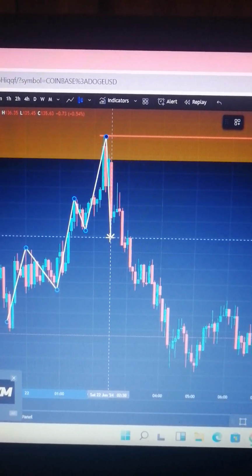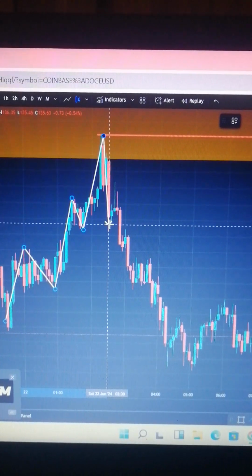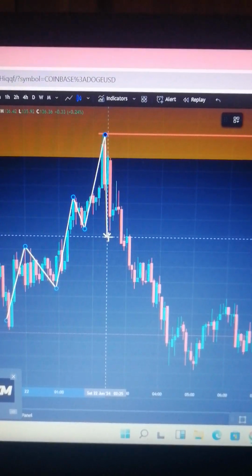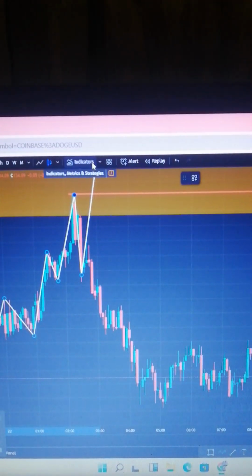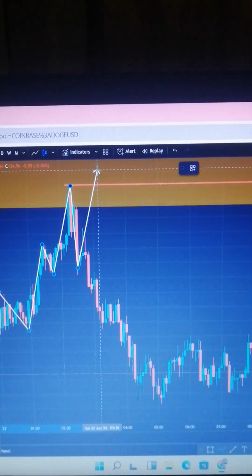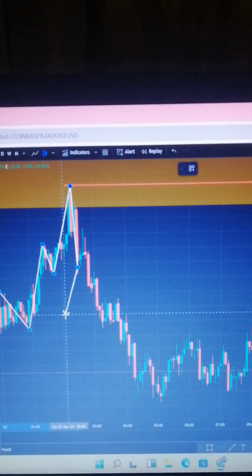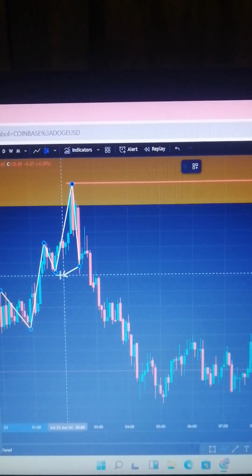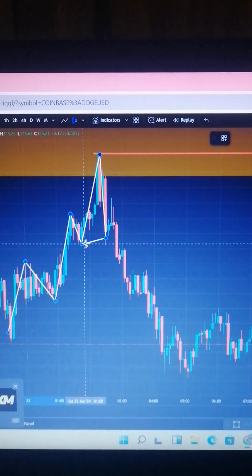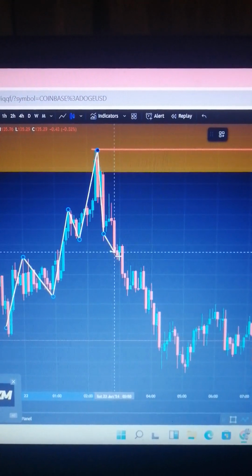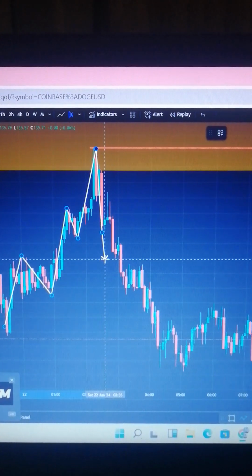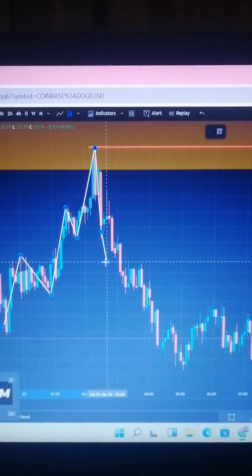It came here and it was supposed to go like this to make another higher high, but it failed. And then we straight broke this last low here. We broke it and then started doing small lower lows.